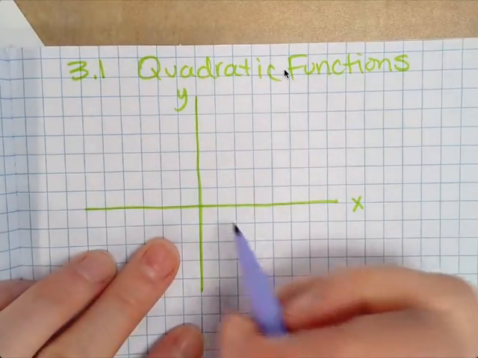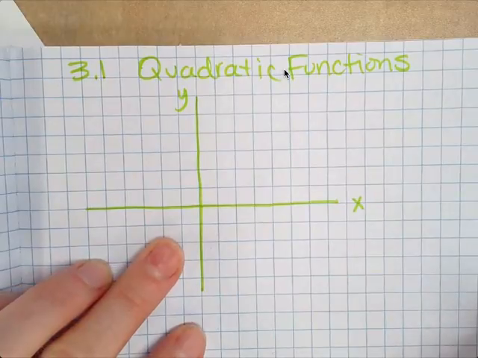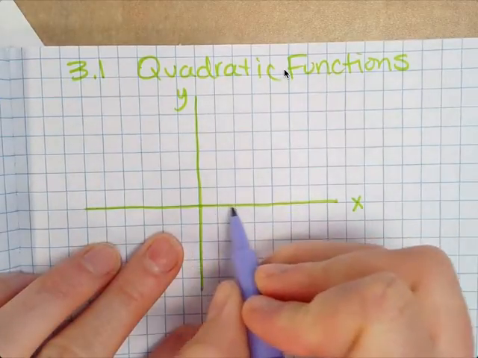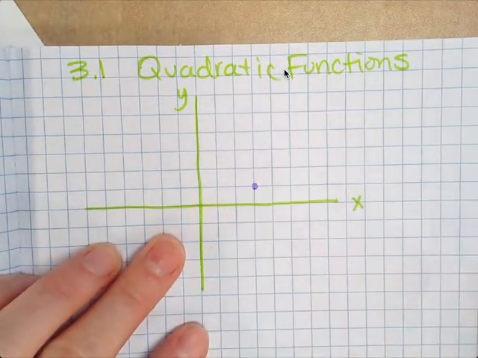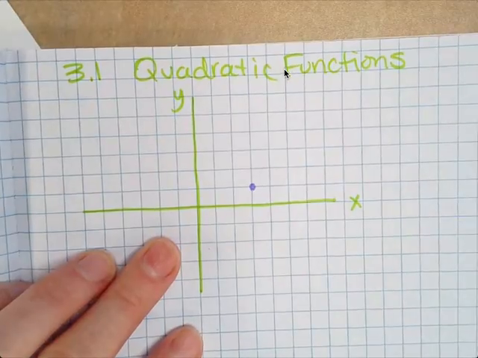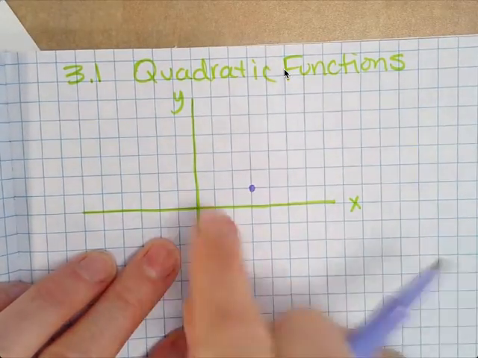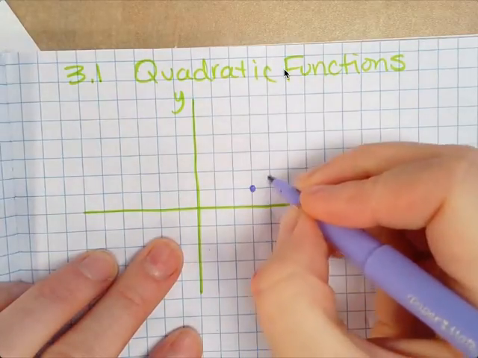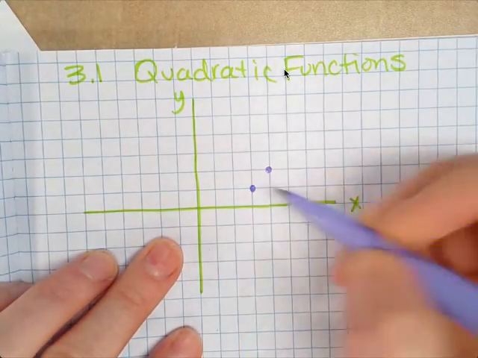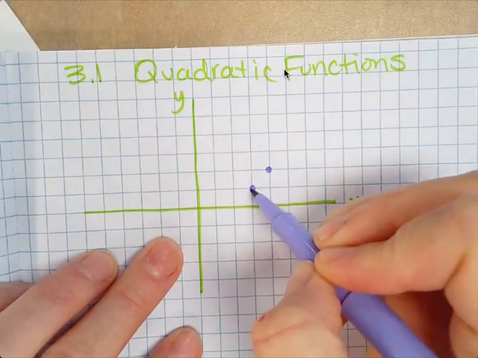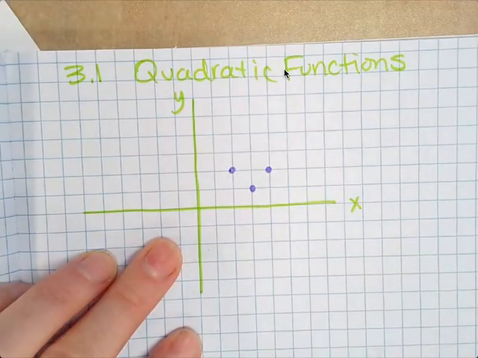And let's have the vertex of this quadratic be on 3, 1. So it's just moved over. And then go up 1 over 1, and then left 1 up 1 from there.